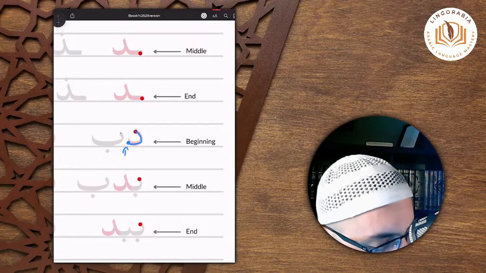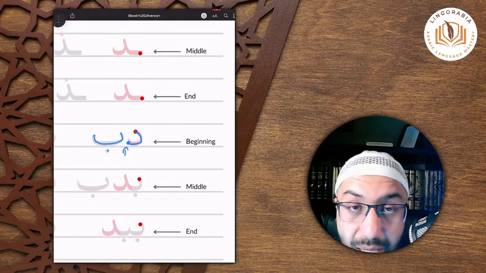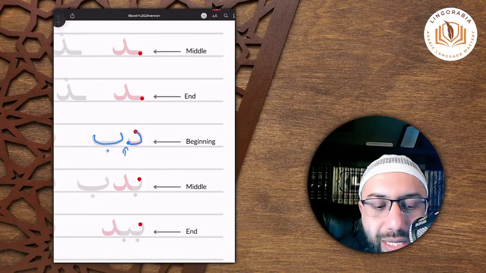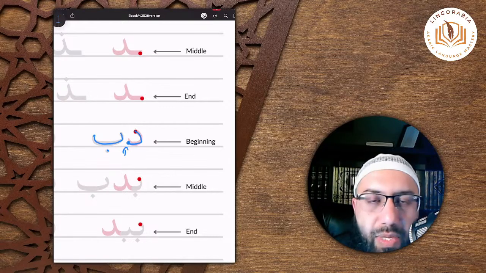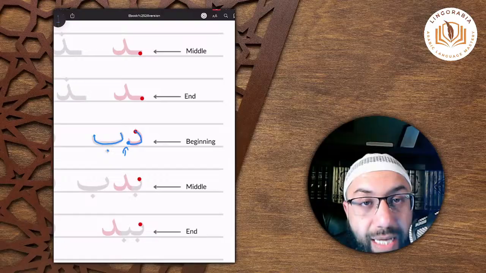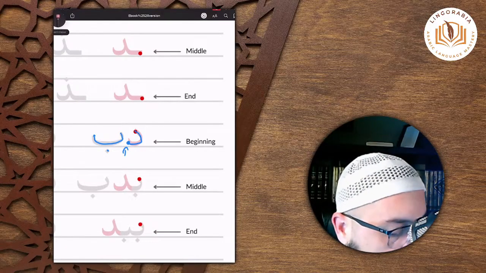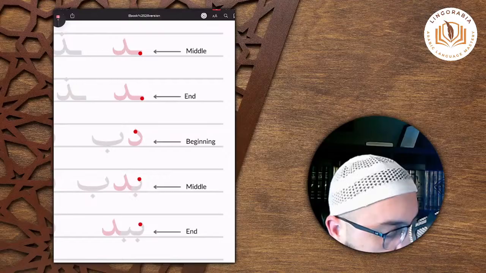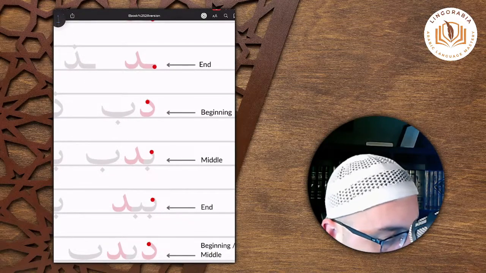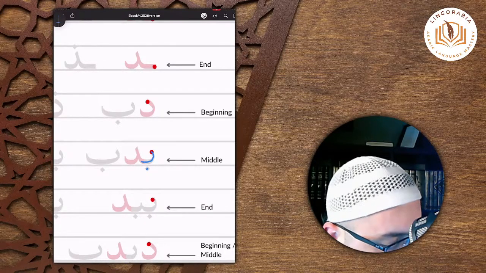When you write the ba, you have to write the shape of the ba in isolated form, because you cannot connect the ba with the dal, because the dal has this rule that you cannot connect it with the letter after. So that's why the ba is written here in isolated form. And in the middle, the dal in the middle, as you start here, you see this is letter ba.